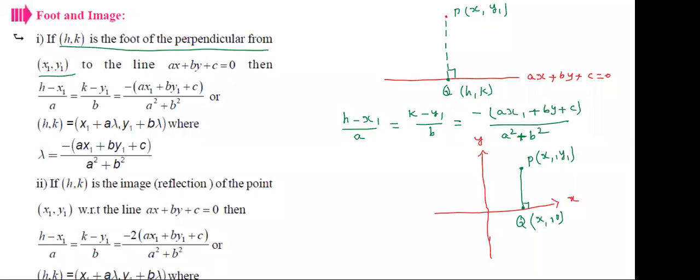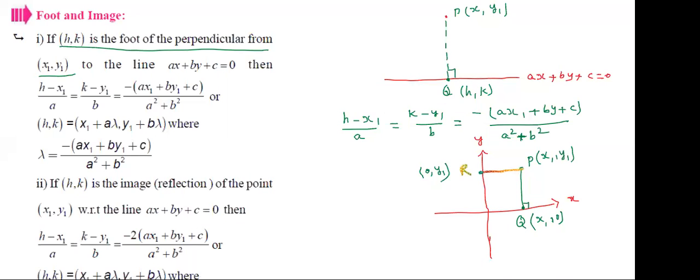On the x-axis, the y coordinate is 0. Suppose the foot of the perpendicular from point P, x1 comma y1, to the y-axis is R. What is the point, students? That point we can write as 0 comma y1.